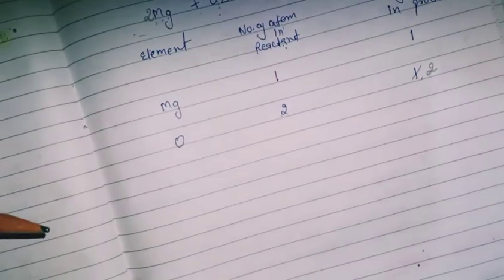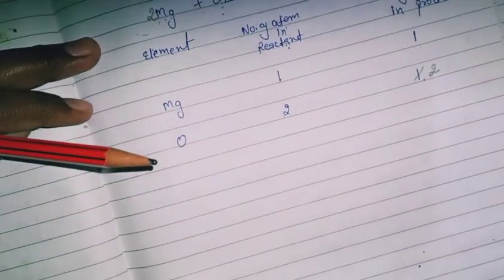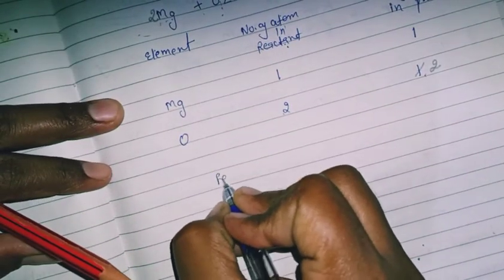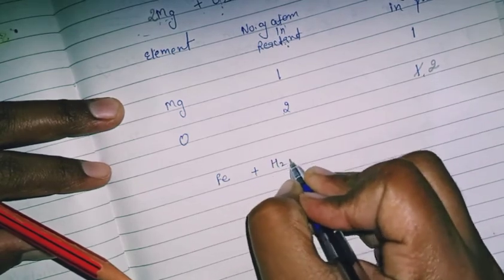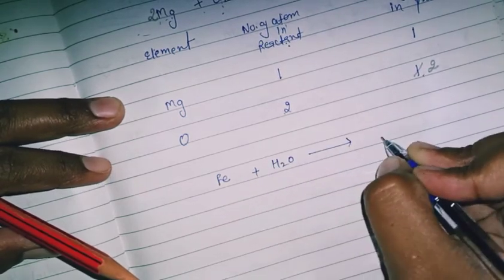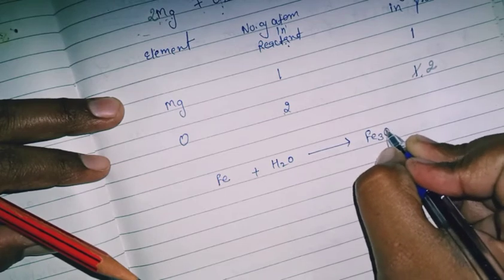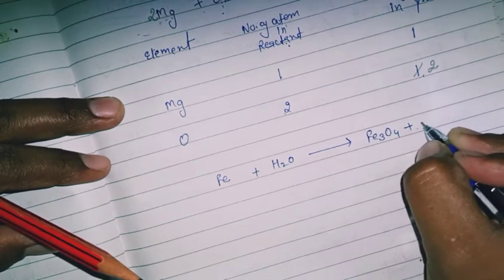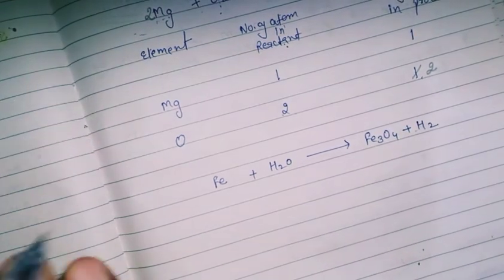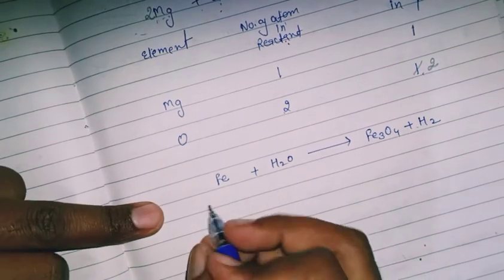Let's take another example. Another equation: Fe plus H2O forms Fe3O4 plus H2. In the same way, you have to make a table here.